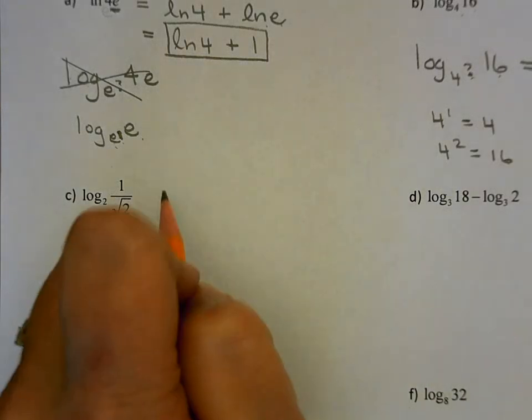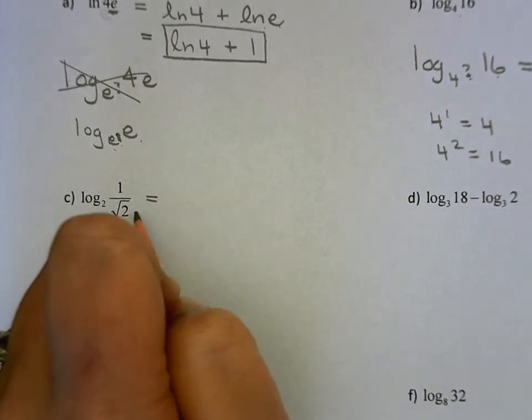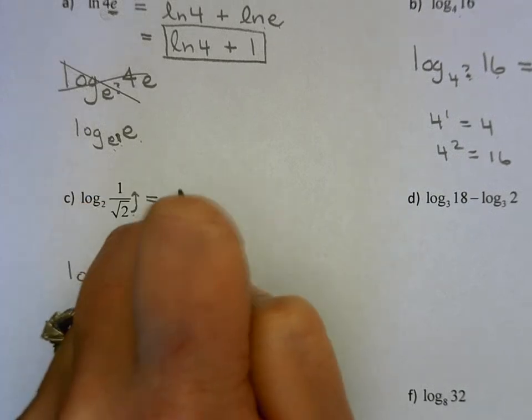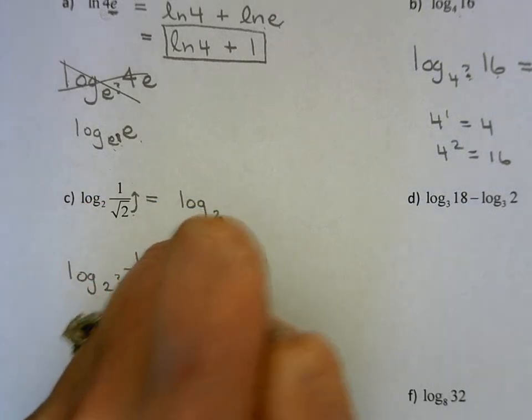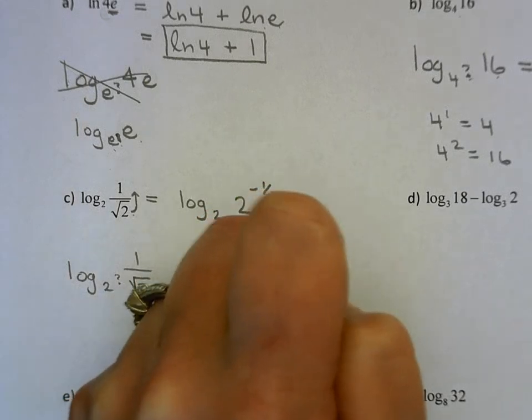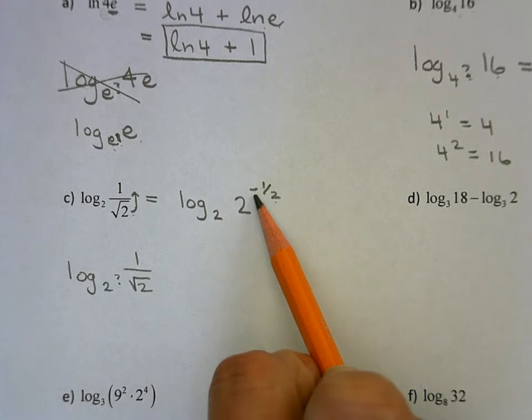I know that the square root of 2 can be a 1/2 power, and if it's in the denominator, I can pull it up and make it negative. So that would be the same as log base 2 of 2 to the negative 1/2. 1/2 because of the square root, negative because it's a fraction.